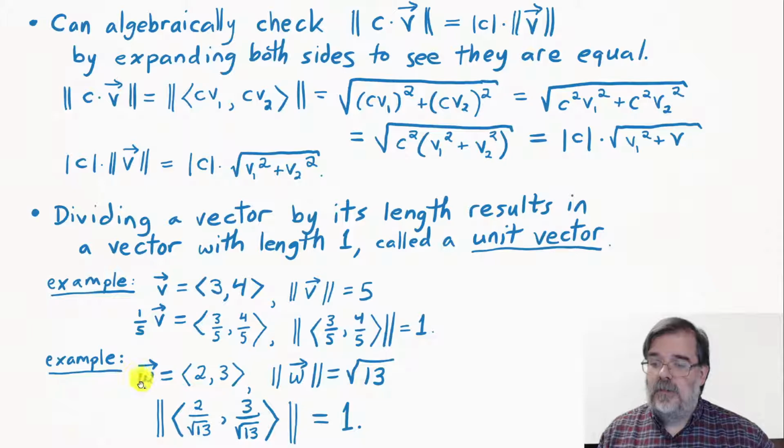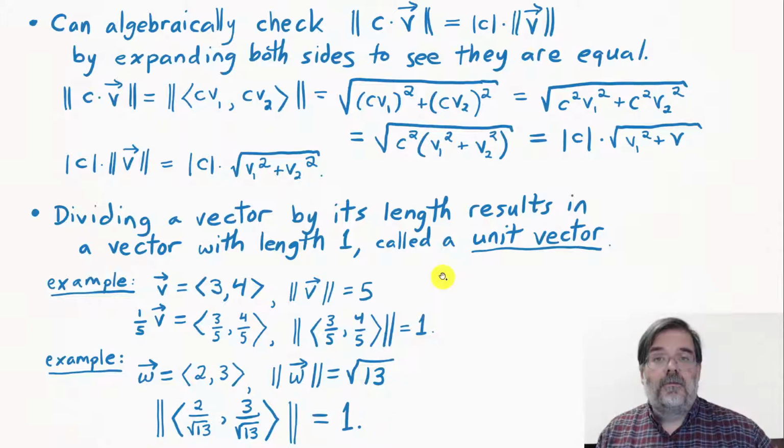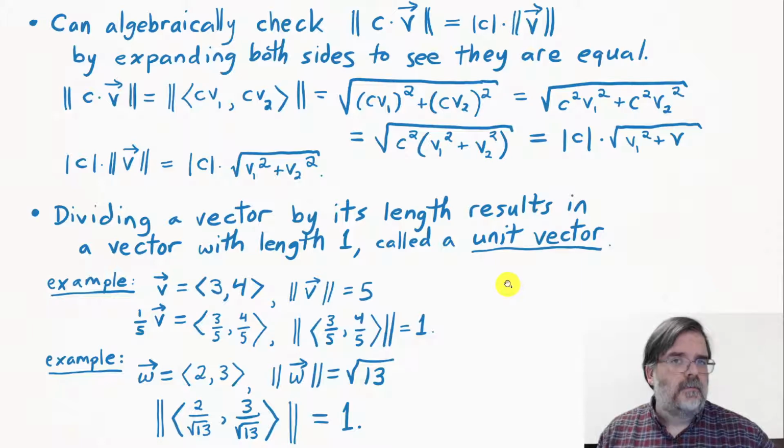If you take the vector w and divide both of these by the length, so divide 2 and 3 each by the square root of 13, and then you find the length of this vector, you're going to find that it's equal to 1. So for any vector, you can shrink it down, usually by dividing by its length, so it has a length of 1. We'll see how that's useful in just a moment.